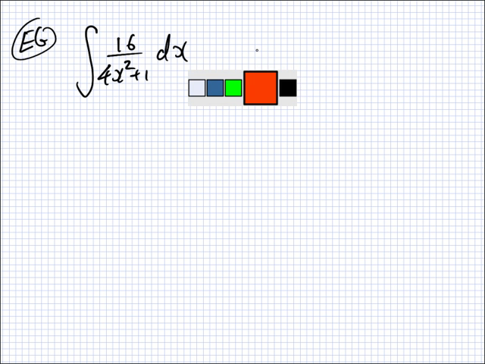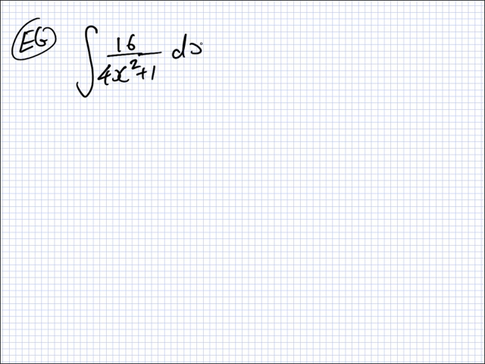Next example is shorter. You want to integrate 16 over 4x squared plus 1 dx. Now, I'll write it as 4x squared plus 1. What do we make u equal to, do you think?